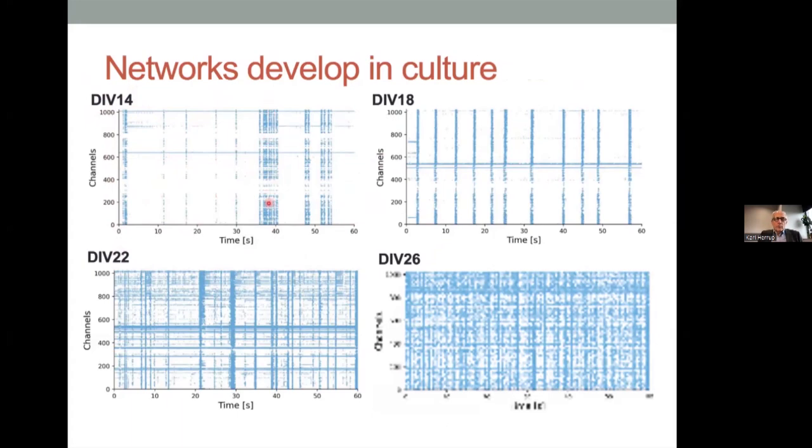And when they do, there's a lot of synchronous bursting that goes on. That becomes even stronger at 4 days later. And now you begin to see increased numbers of interburst activity. That interburst activity increases until by 26 days, you have a very rich neuronal network that's going on.